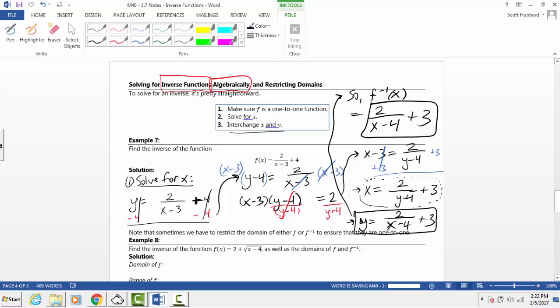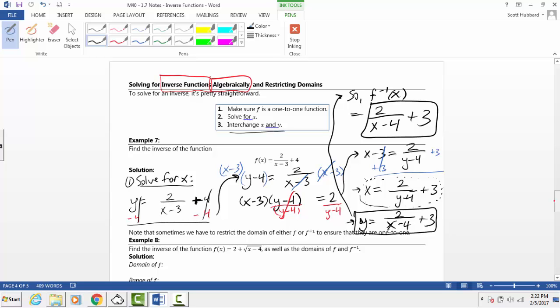That's completely fine. I don't really care either way, because mathematically you get the same answer. So if you first want to swap x and y and then solve for y, you will get the exact answer every single time, no matter what.